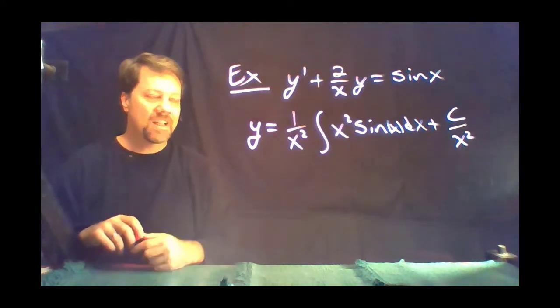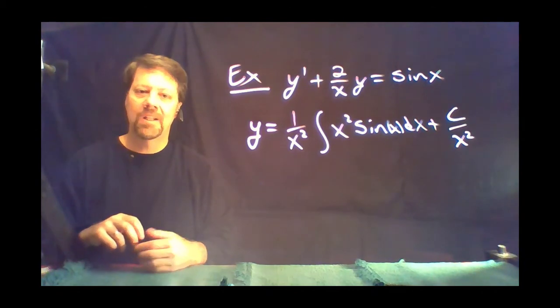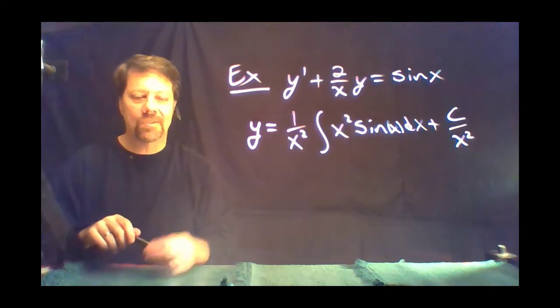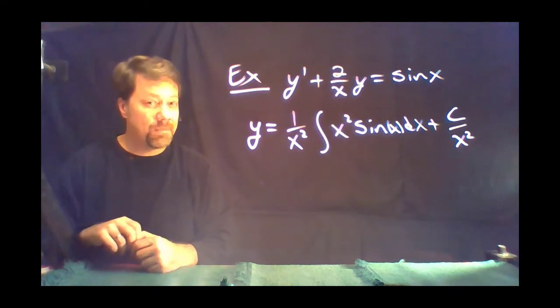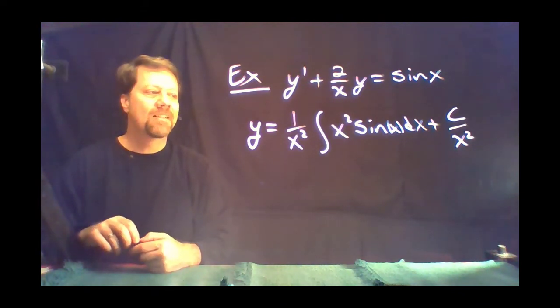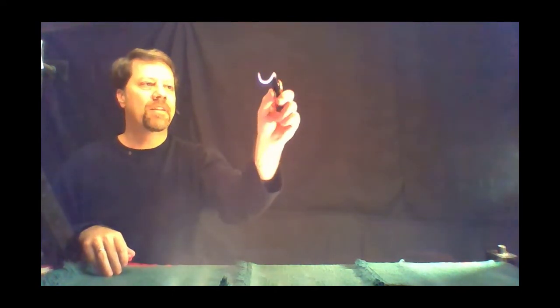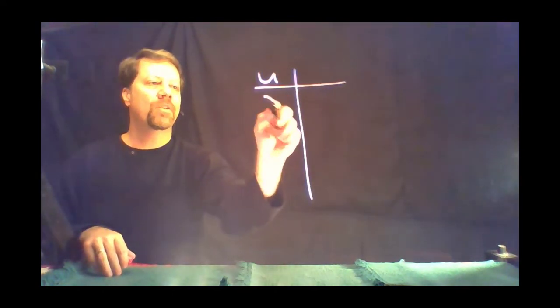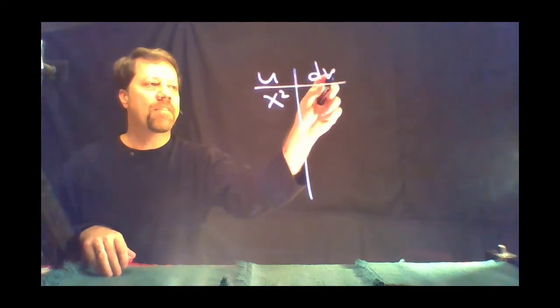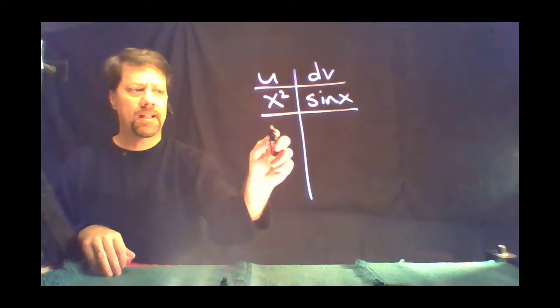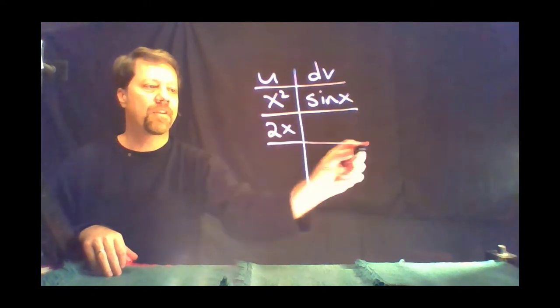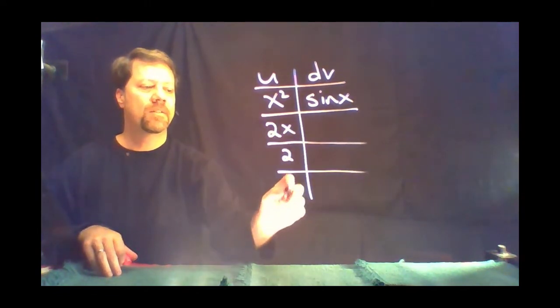Clearly, we need to differentiate this x squared. If we do this the old-fashioned way, it's going to take 2 integration by parts. But if we use the tabular method, we can save a little bit of time. So let's use the tabular method. For the tabular method, u is the thing that you want to differentiate, and dv is everything else. So on the left-hand side, we're going to differentiate until we get to 0.